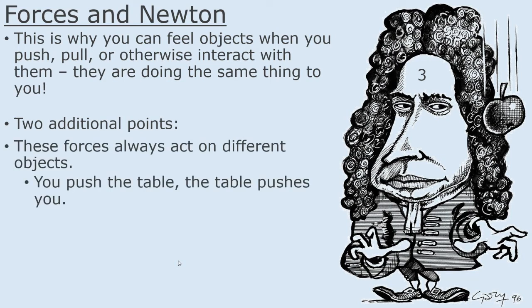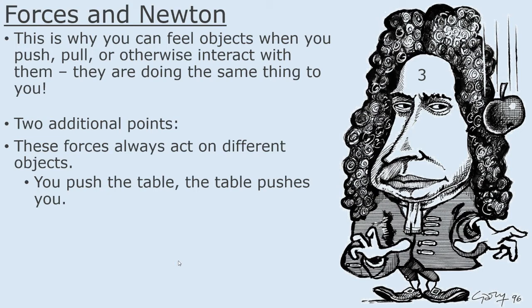So, two extra things that I want you to add to your understanding of Newton's third law. One is that these forces always act on different objects. We are going to do lots and lots of force diagrams, and we're going to look at lots of forces acting on one object, so something getting pushed and pulled and lifted and dropped. That's a different part of Newton's laws.